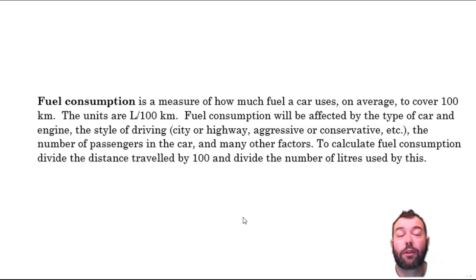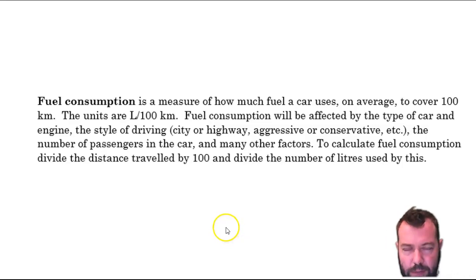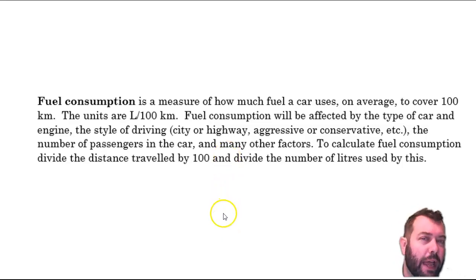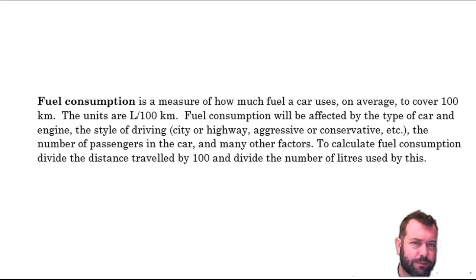We're going to talk a little about fuel consumption, and this is an unusual rate, because this is one of the very few examples we're likely to come across where we're not dealing with a rate per unit. When we talk about how fuel efficient a car is, in Australia at least, we tend to describe how many litres it uses per 100 kilometres.